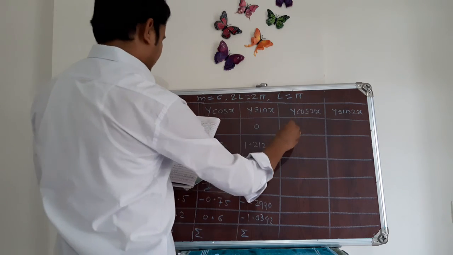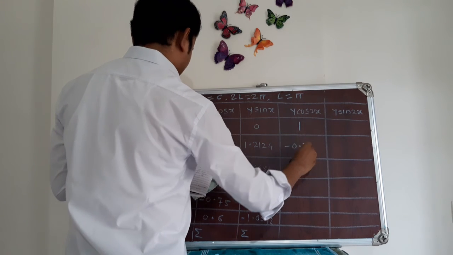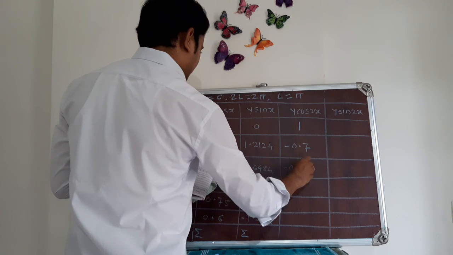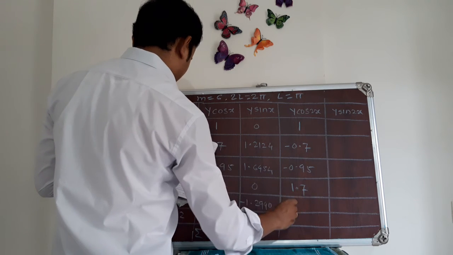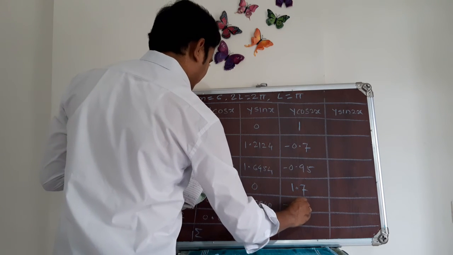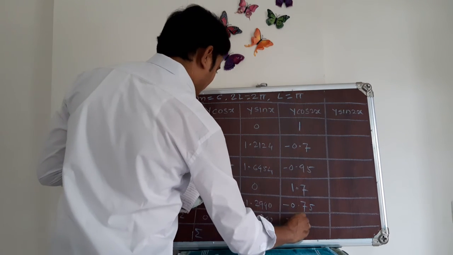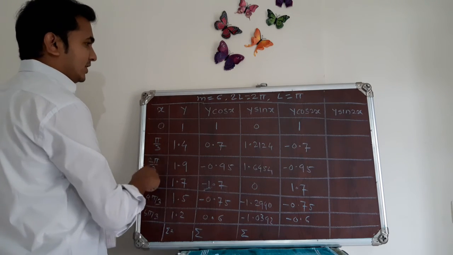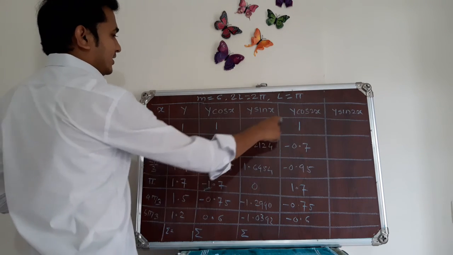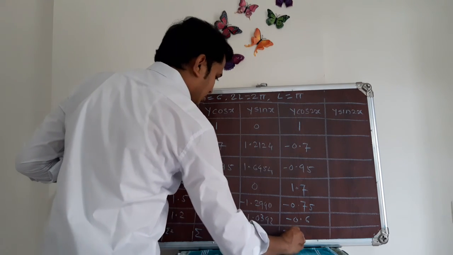Then y cos 2x is 1, minus 0.7, minus 0.95, 1.7, minus 0.75, minus 0.6. You are using this x and this y. To calculate a2 you need its summation.